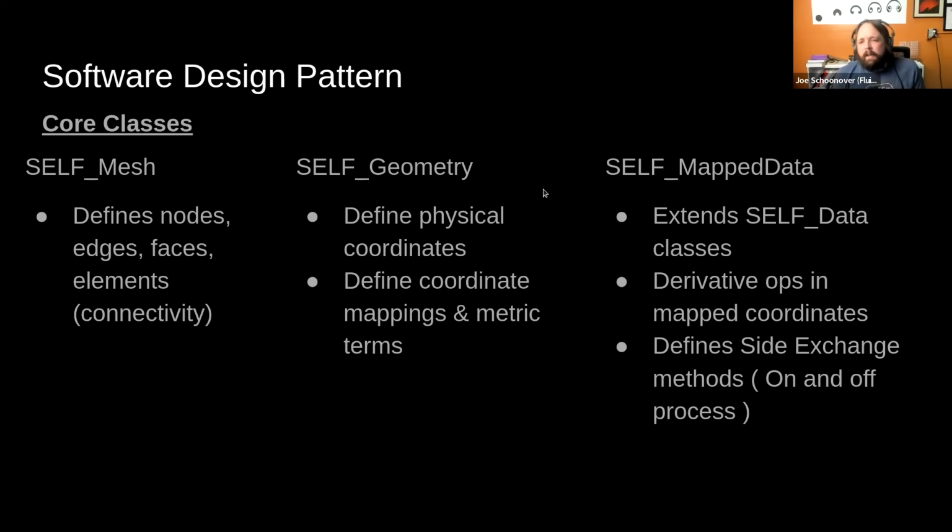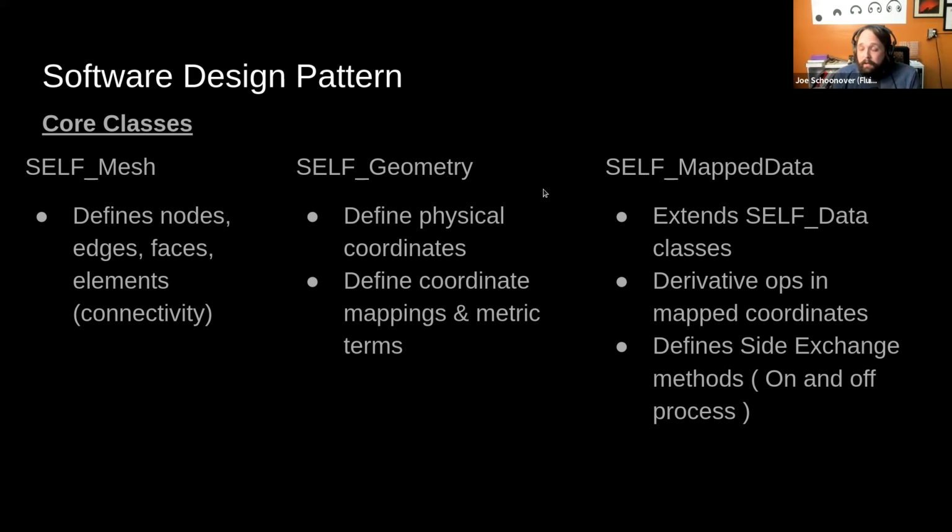The idea being, if I have a Lagrange class and I know I can calculate derivatives in the strong form using that Lagrange class, and if I have the physical positions within my elements, I can use that Lagrange class to calculate all those metric terms, and then I can use those two together in addition to the mesh to create this self-mapped data class.